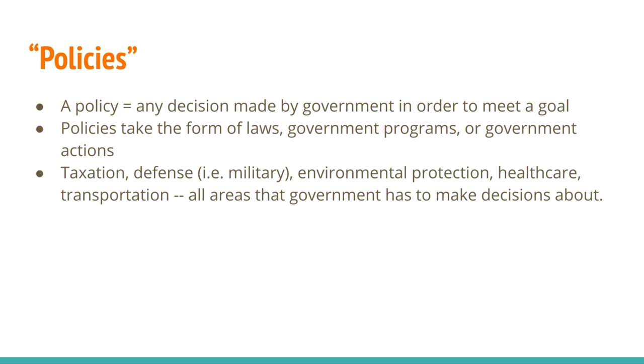And then finally, transportation, so roads and air traffic, and boat traffic, and how easy it should be to fly and to travel across states or even internationally. These are areas that government has to make decisions about.